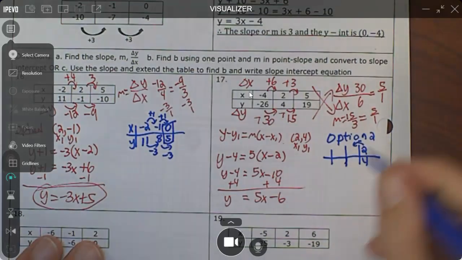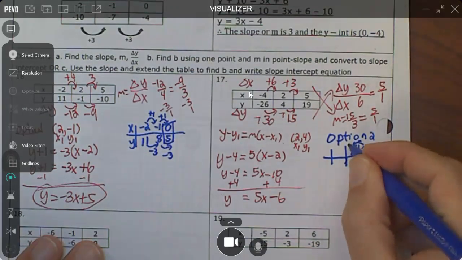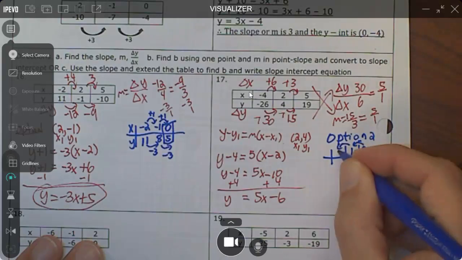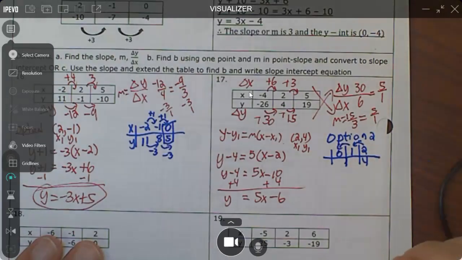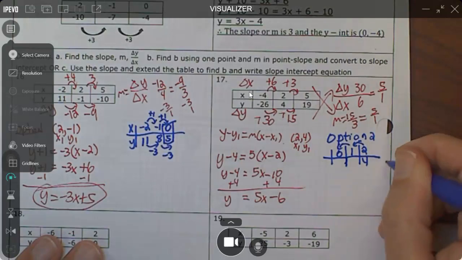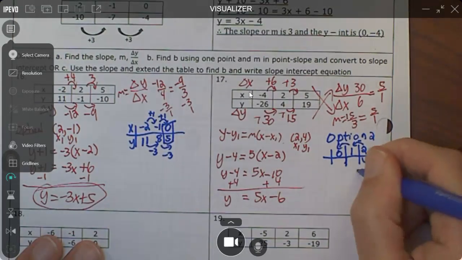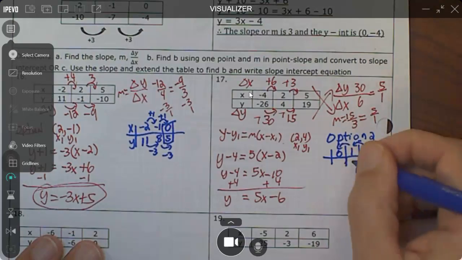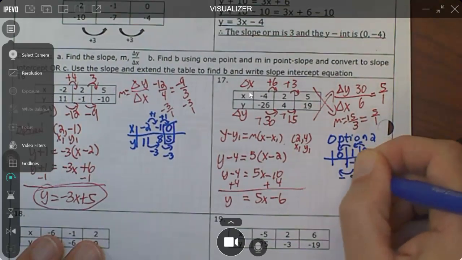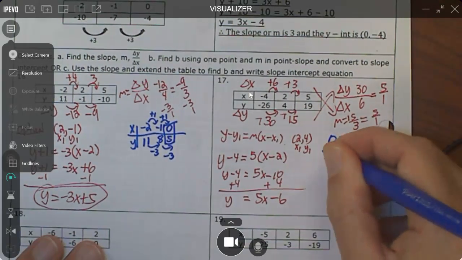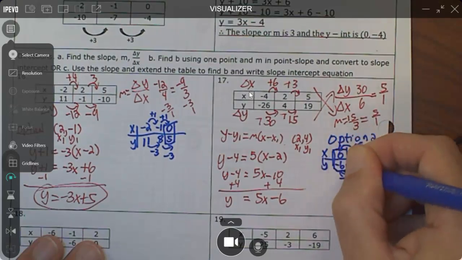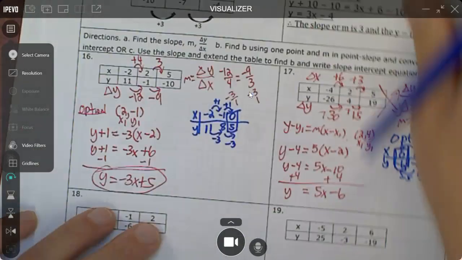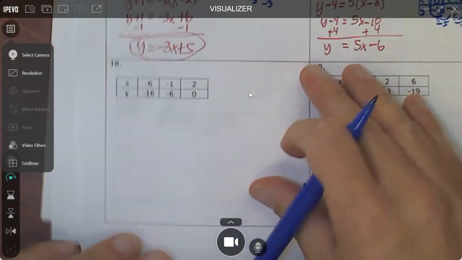Okay, so I'm going to take that back 1, take that back 1. So minus 1. Then if it's plus 5 this way, I could go minus 5 that way. And there's B. Point slope's easier.